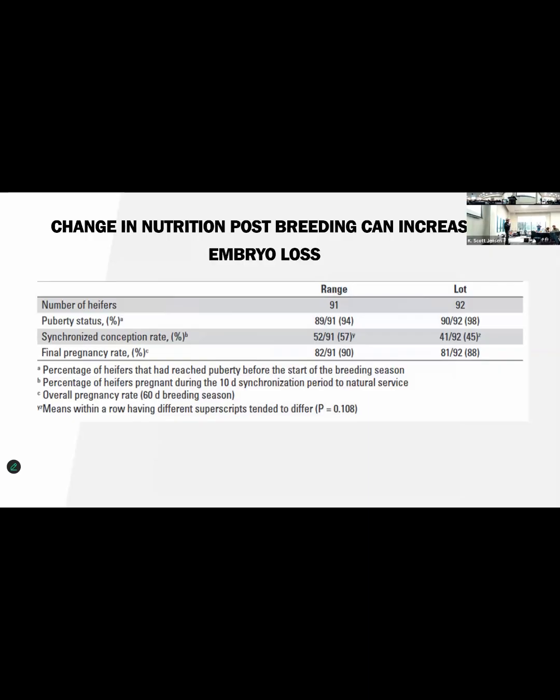It also seems like we don't get as many of those first service pregnancies established to the cleanup bulls as we would have thought. So Dr. Perry and his group up in South Dakota said, well, because we're up north, we tend to develop those heifers in dry lot or small locations. We end up synchronizing those heifers, and then what do we do after we get done with AI?